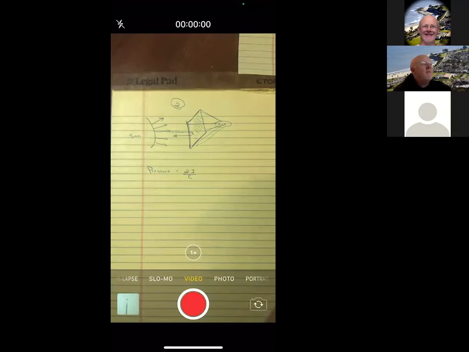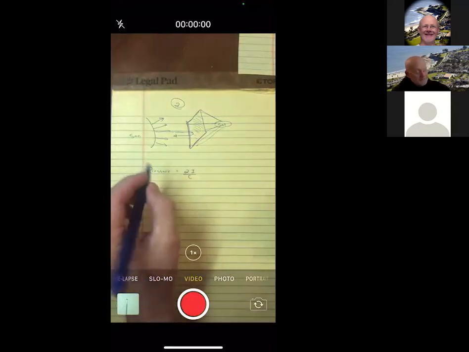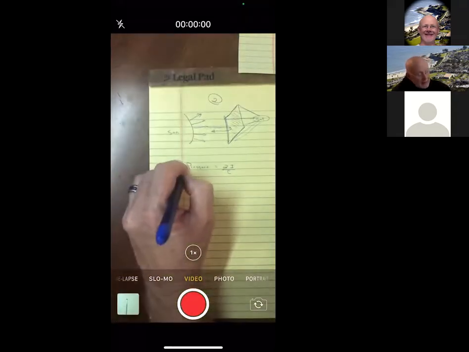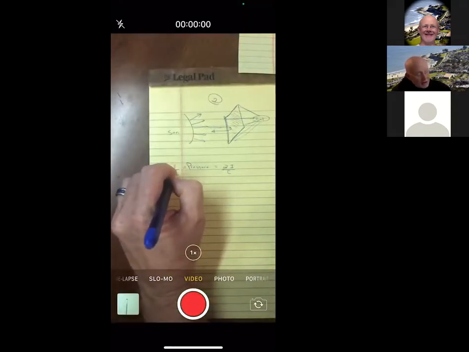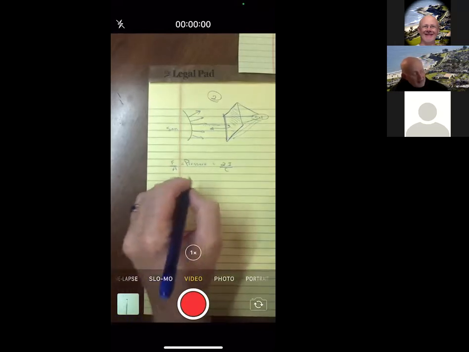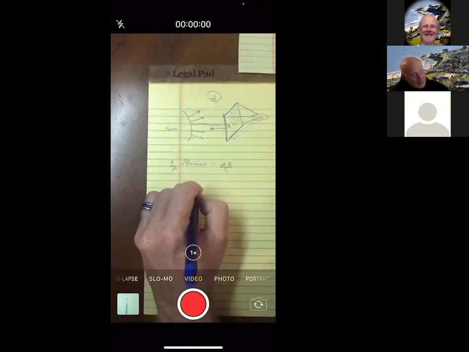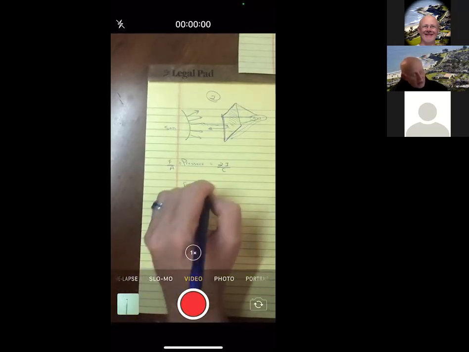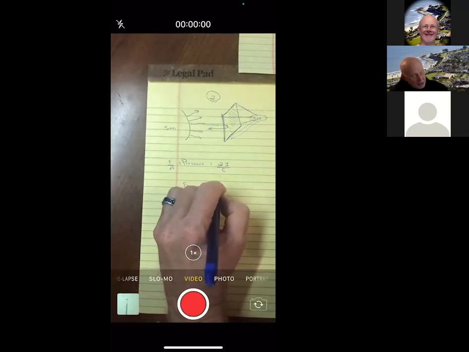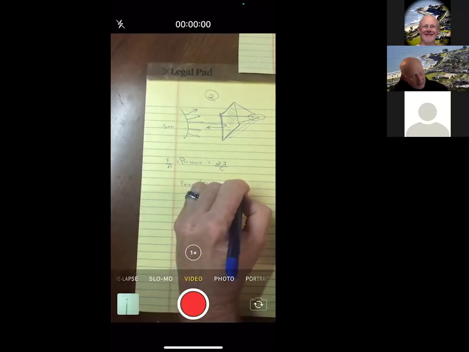A, what force is exerted on the cell? So remembering that pressure is force over area, I can then say that the amount of force would be the pressure times the area.